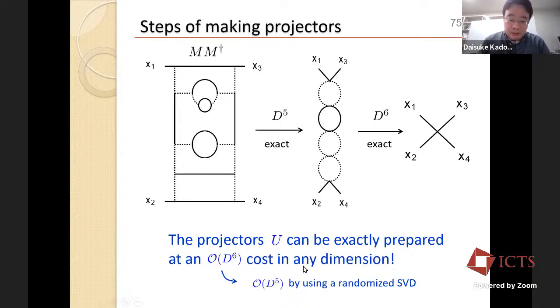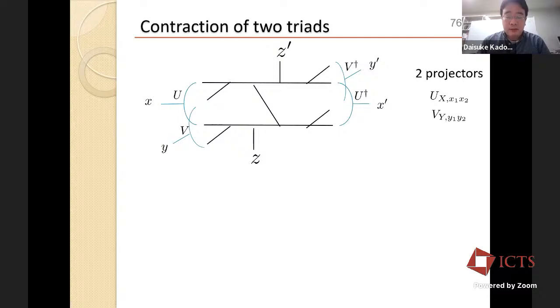And this cost can be reduced up to D to the 5th by using a numerical technique called randomized SVD. And once the projectors are obtained, the two triads can be renormalized into a single triad.